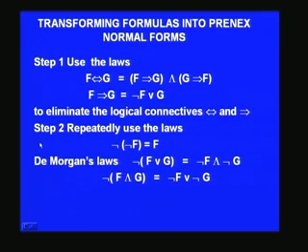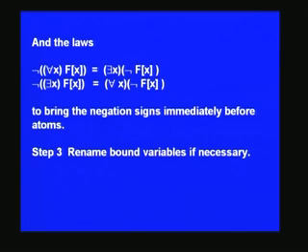The second step will be repeatedly use not of not f is equal to f, and De Morgan's laws: not of f or g is not of f and not of g, and not of f and g is not of f or not of g. And also the laws, not of for all of x f of x, by bringing the not inside, for all will change to there exists.